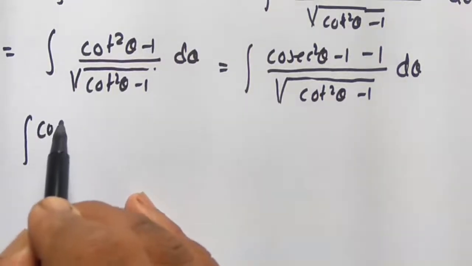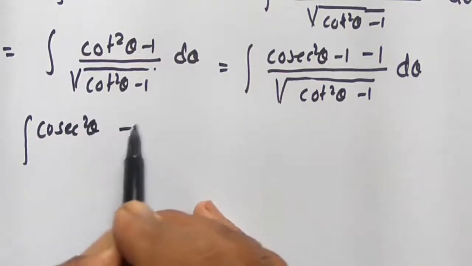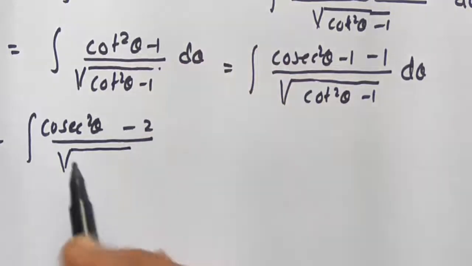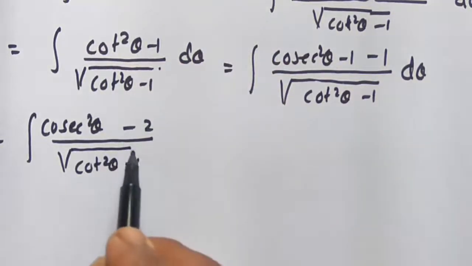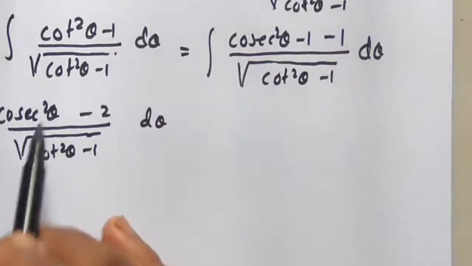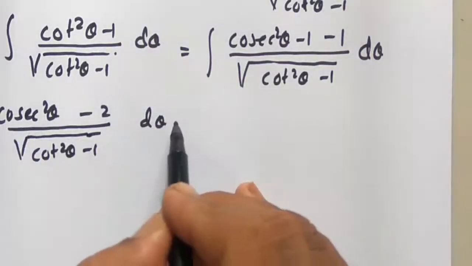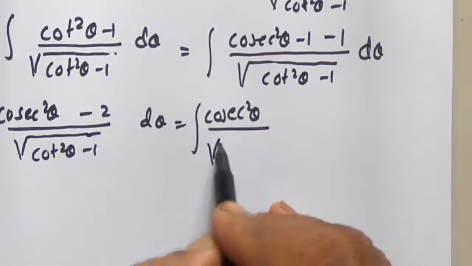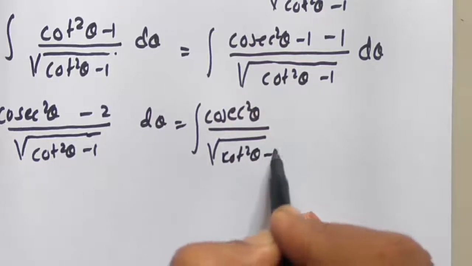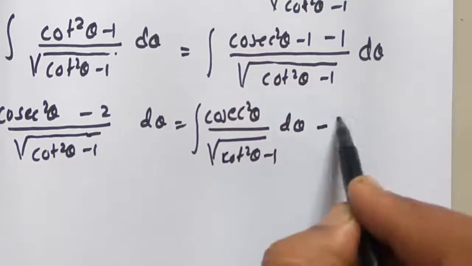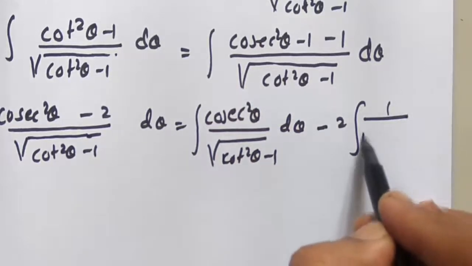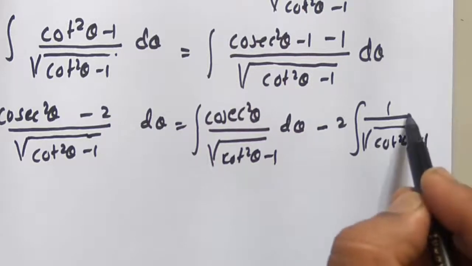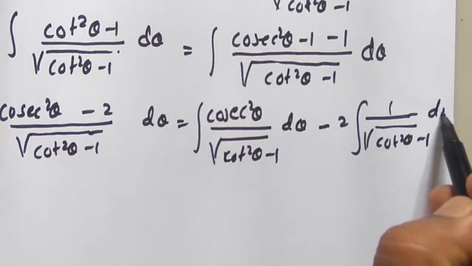Which is equal to the integration of cosec square theta minus 2, since minus 1 minus 1 becomes minus 2, upon under root of cot square theta minus 1 d theta. Now we divide each term: cosec square theta upon under root of cot square theta minus 1 d theta minus 2 times 1 upon under root of cot square theta minus 1 d theta.